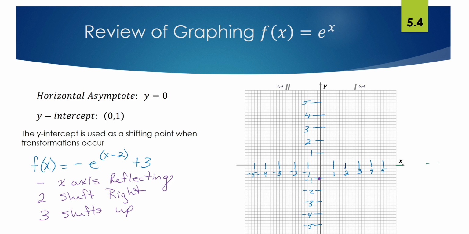So my curving point happens right there at 2, 2. My horizontal asymptote went from 0 to 3, and it's skimming underneath the asymptote, heads towards that curving point, and that's what causes that exponential growth or decay.